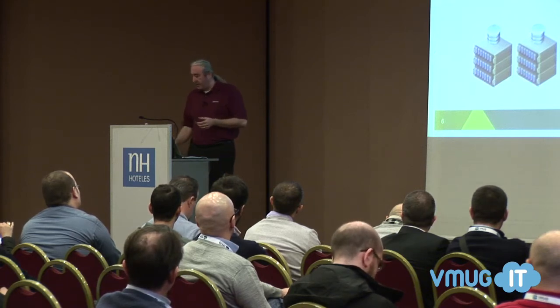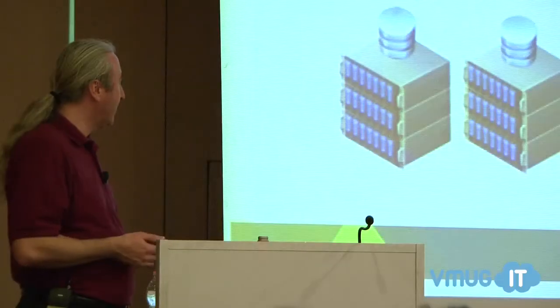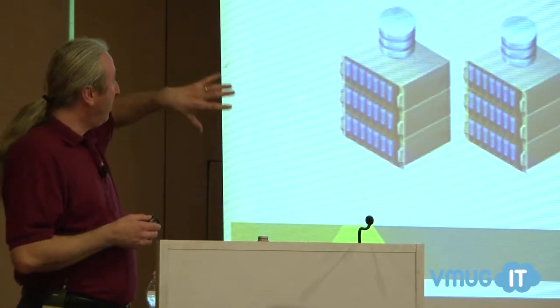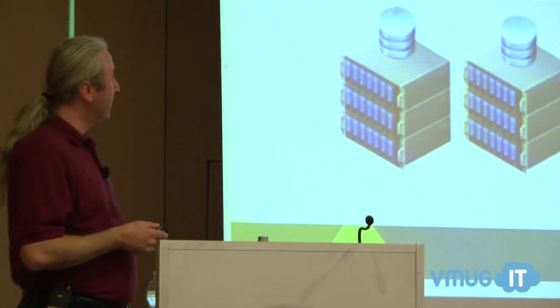QLogic, Mount Rainier. If you come across QLogic, they're actually here. I don't know if you managed to get out and see them, but they have a very interesting product which combines the HBA with the flash in a single PCIe card, which is quite a unique product actually. So there's a lot of things happening in that flash space from a host-based perspective.